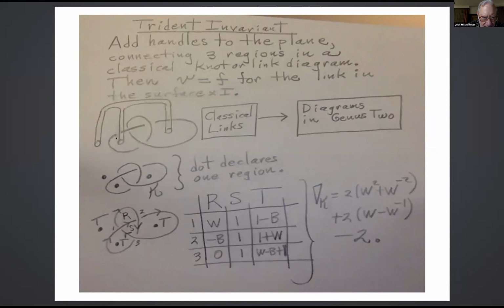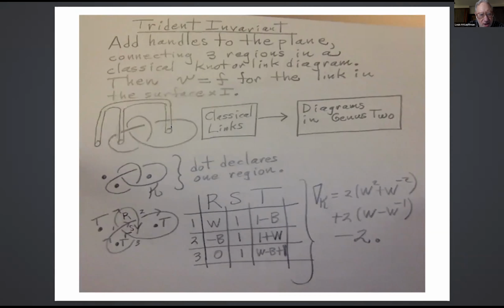And when I add that handle to the plane, I'm in a double torus. And these three regions where the base of the trident touches now become one region. And so now you can see that the number of faces is equal to the number of vertices. And consequently, you can write down your matrix.